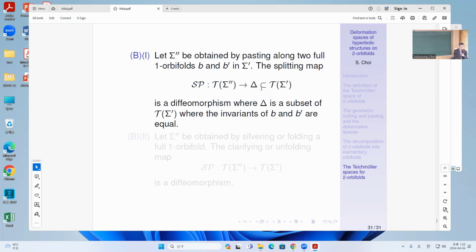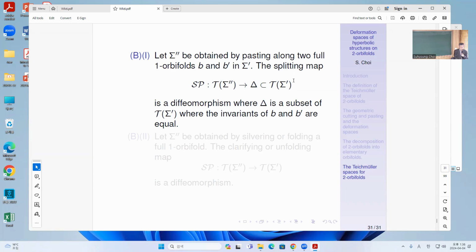So it will be a splitting map. You go to delta, which is where the invariants are the same, so the lengths are the same. So the dimension will be decreased by one. And the point is that the boundary component decreases by one because you identify them. So this formula still works, and of course the fibration thing also works.